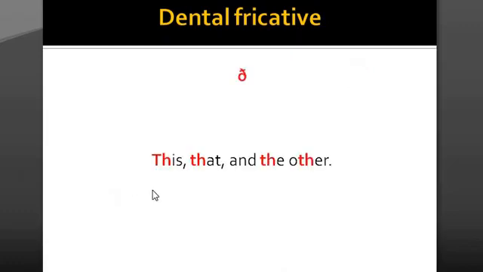So here's a sentence with this, that, and the other. So same thing with our mouth. Tip of tongue between teeth. Now add the vibration.